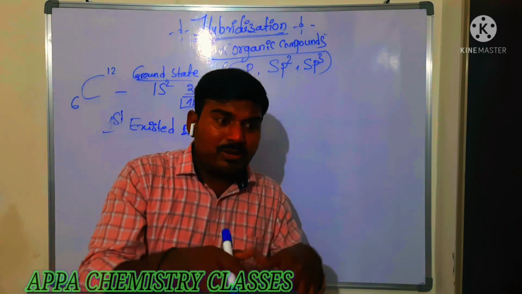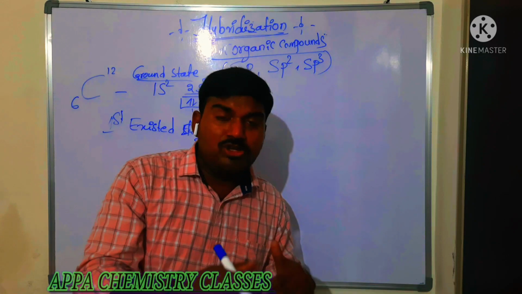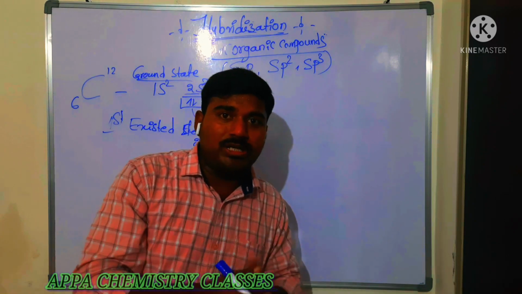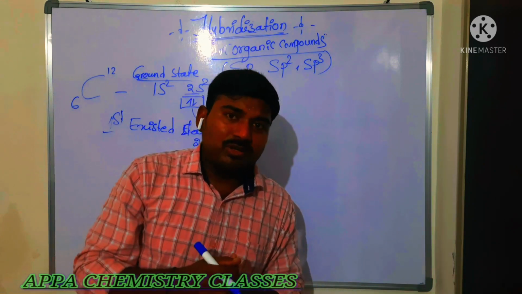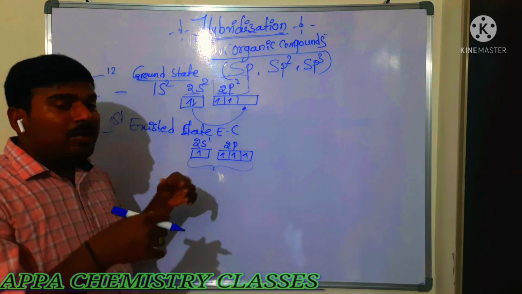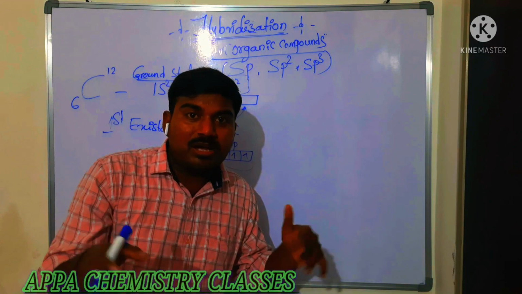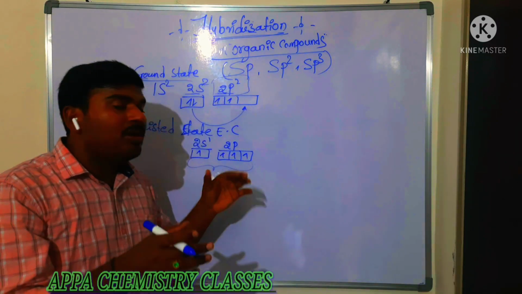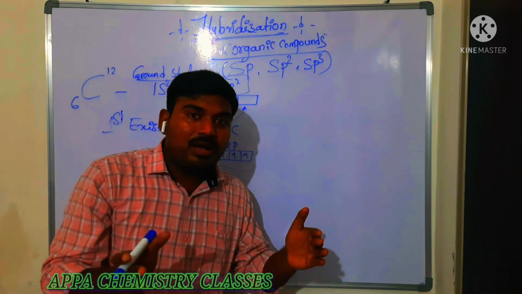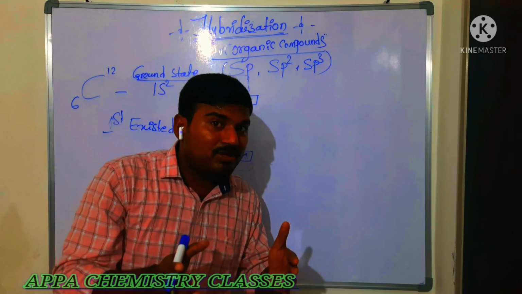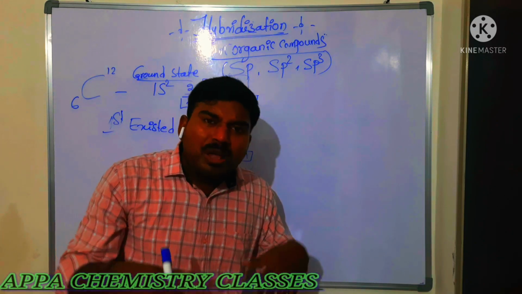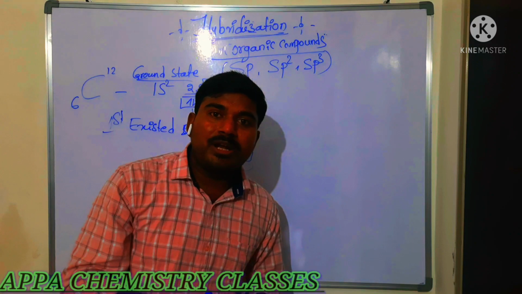There we prepare a new plant which has good quality compared to the other two. Like that, after intermixing atomic orbitals, you will get orbitals of the same energy. Those same energy orbitals are said to be hybrid orbitals.